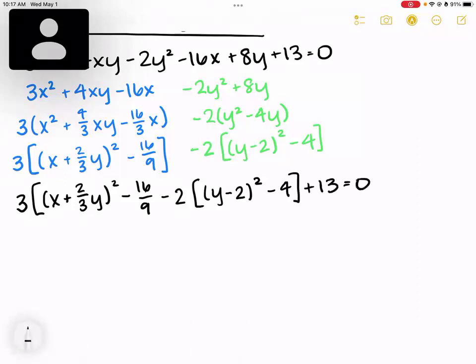All right, now that we've combined the x and y terms, we want to move the constants to the other side. That really is only the 13. So we're going to rewrite this entire thing, and we're only going to move the 13 to the other side.